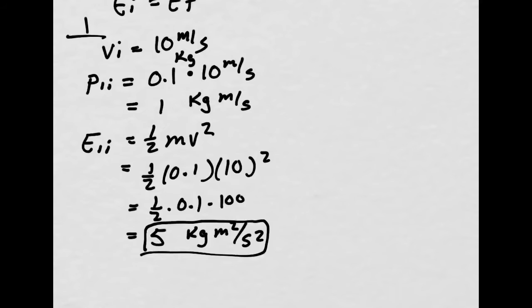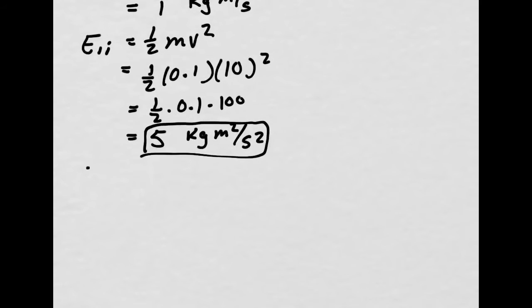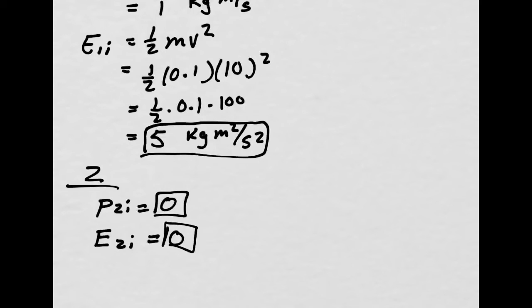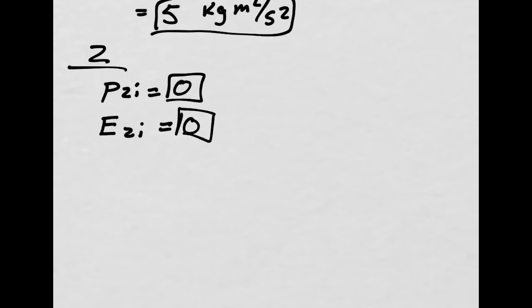Ball 2, just like our previous problem, has no initial momentum and no initial energy because it is not moving. So our initial momentum is equal to P1 initial plus P2 initial, which is 1 kilogram meter per second.